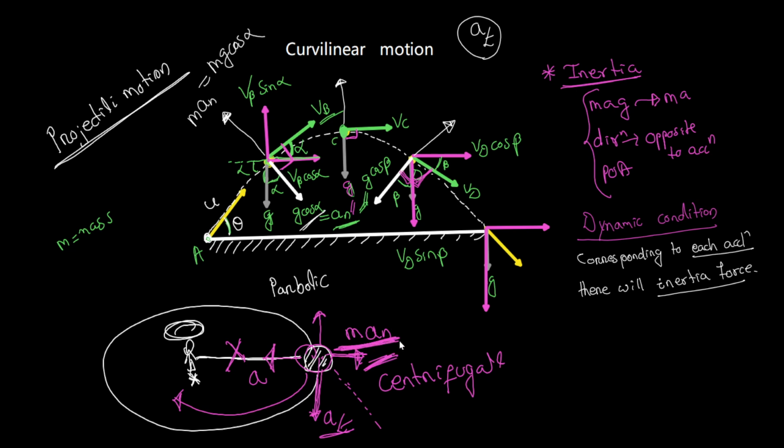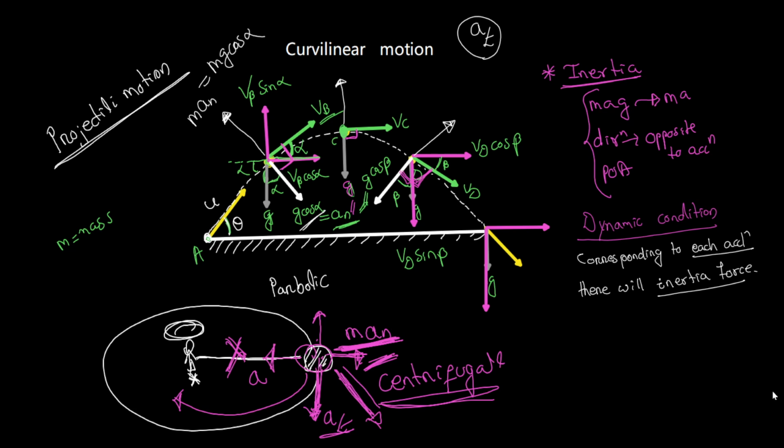So here is the centrifugal force, mass into normal acceleration, and here another force will be the torque. Due to the torque application, the motion is in this direction. So in this particular direction the object will move whenever the string will break. Okay, this is the concept of inertia force, centrifugal force.